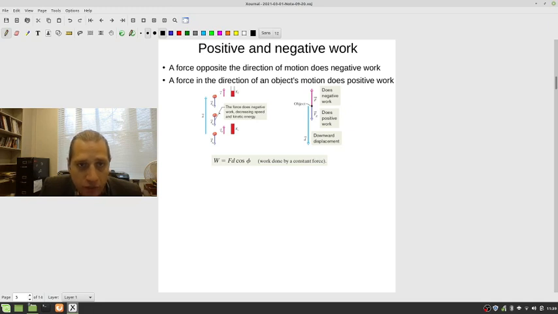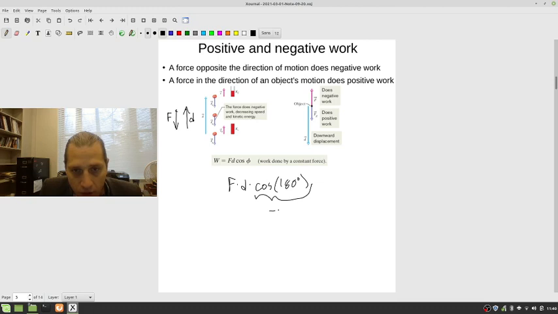So the force is going in this direction, the displacement is going in that direction. If you just use this formula in a straightforward way, you would have F times d times cosine of 180, which is minus 1. So for this case, the reason you have negative work is that the force is going against the direction of the displacement.